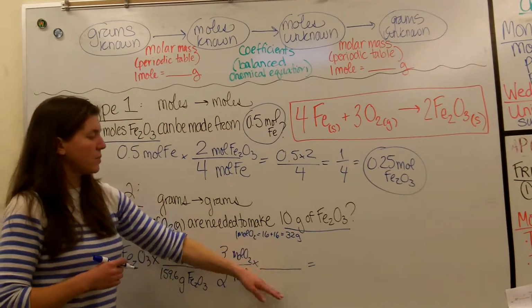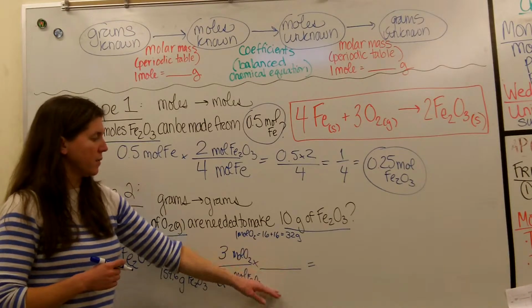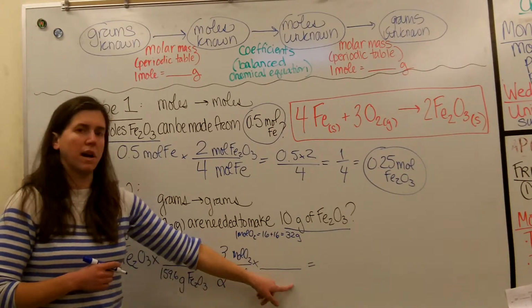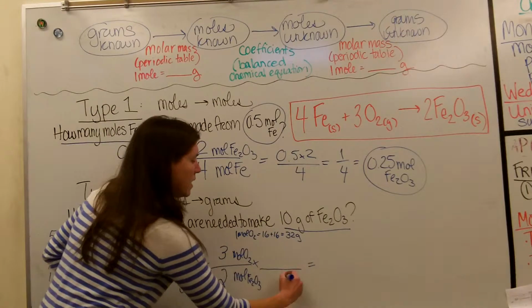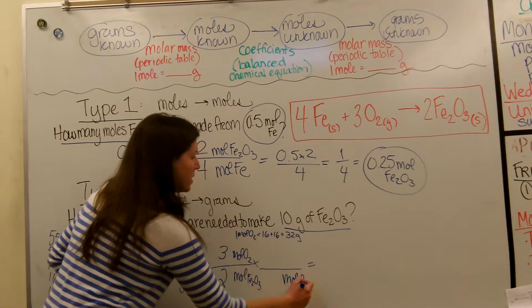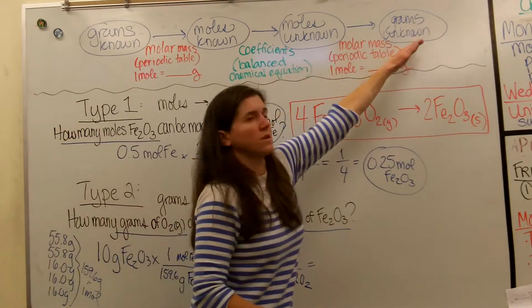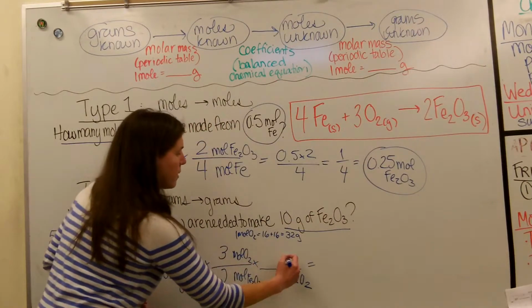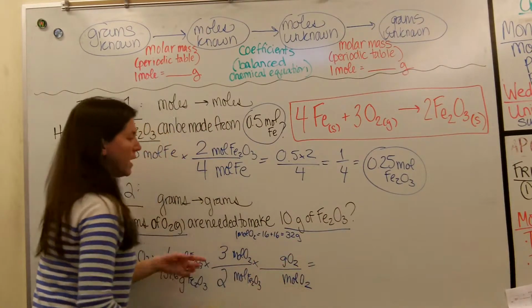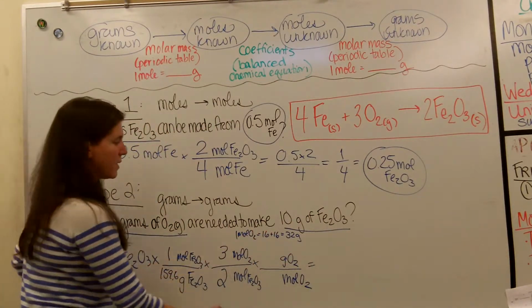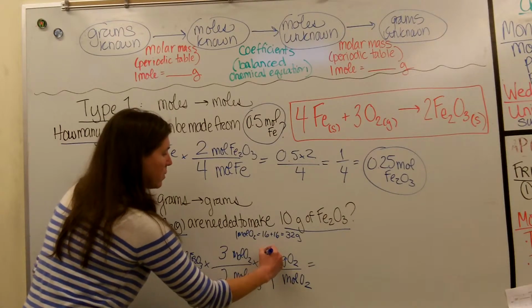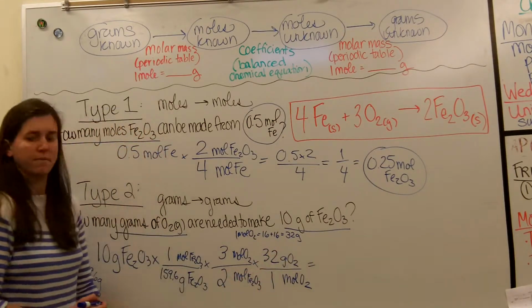Now, how do I decide what to put on the top or the bottom of the fraction? Well, the units that are here should go on the bottom. So this is moles O2, on the bottom will be moles O2. The unit that I want, which is grams, is going to go on the top, grams of O2. And so that number on the periodic table tells me that 1 mole of O2 weighs 32 grams.